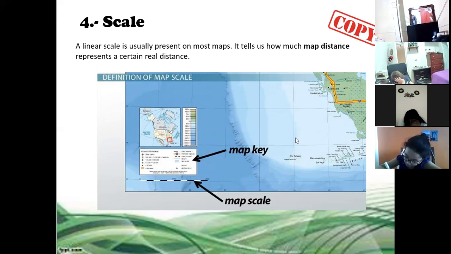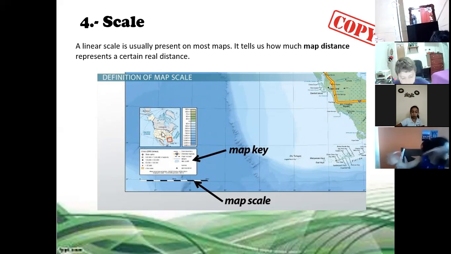Of course, a map is a representation of a place, a location. And we see this map here is Canada, United States, and Mexico. And the real locations are not as small as this drawing, they are bigger.